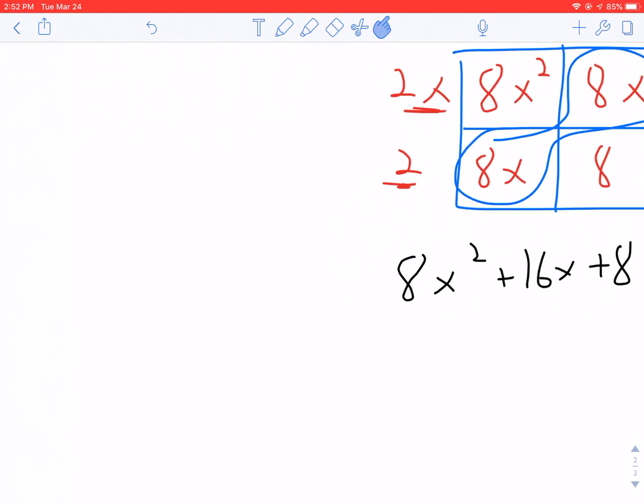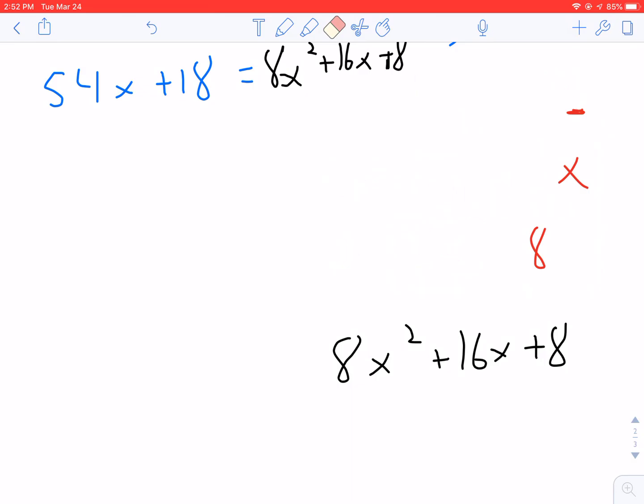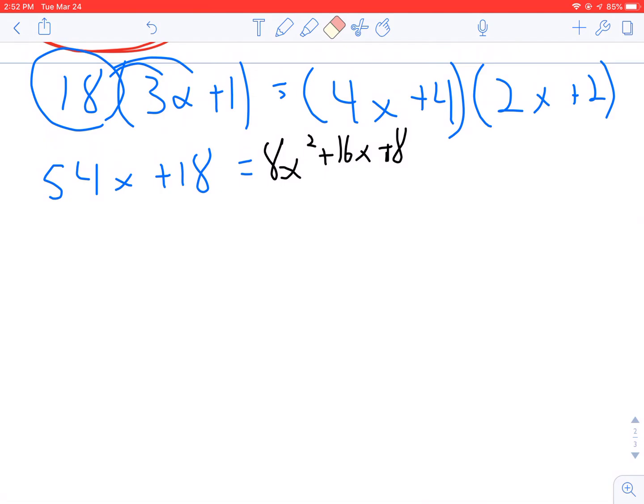Okay. So let's go ahead and bring this down. Actually, no, we'll just erase this. Okay, so again, you have an x squared, so you're going to have to factor, and I would advise that you keep your x squared term positive, so we're going to minus the 54x from both sides.